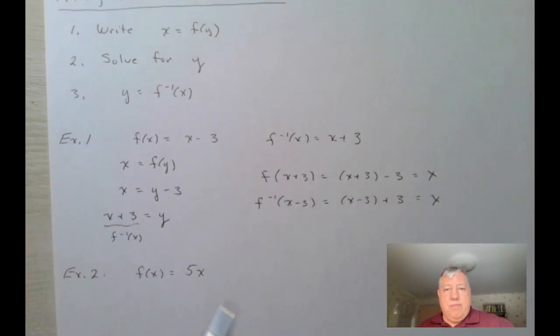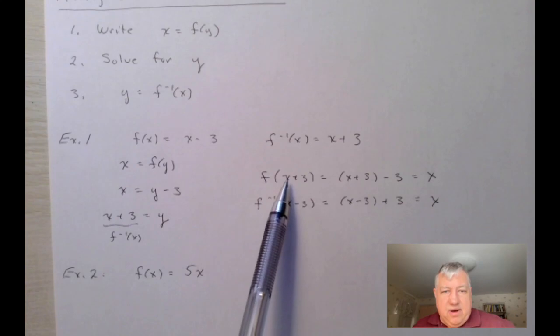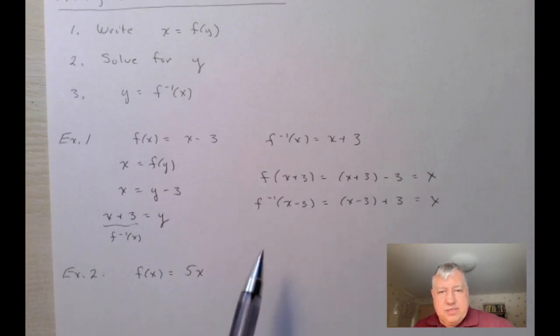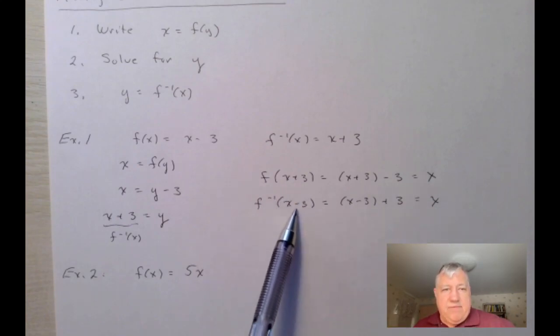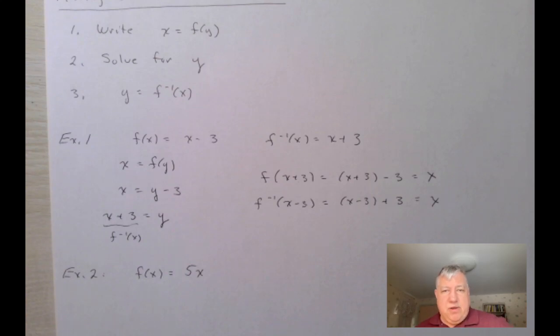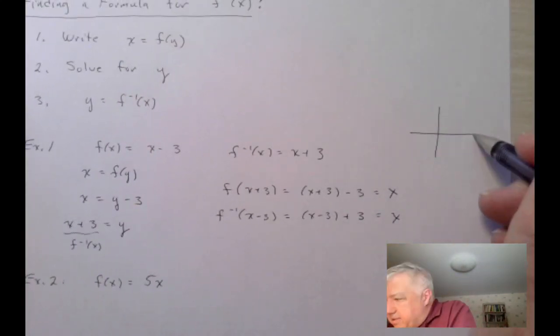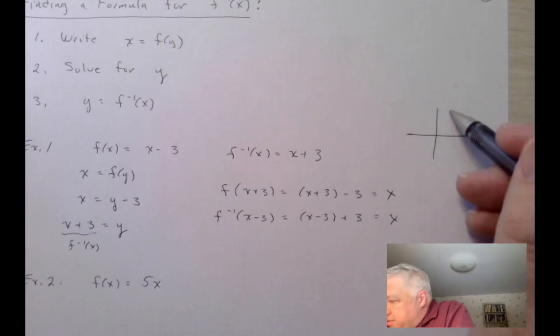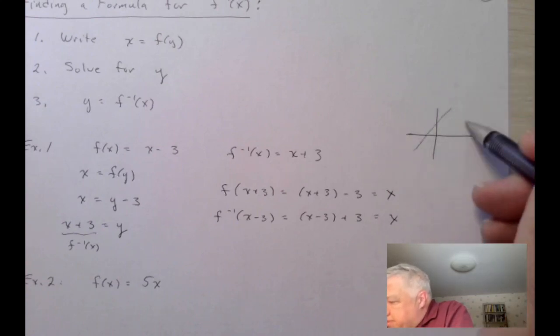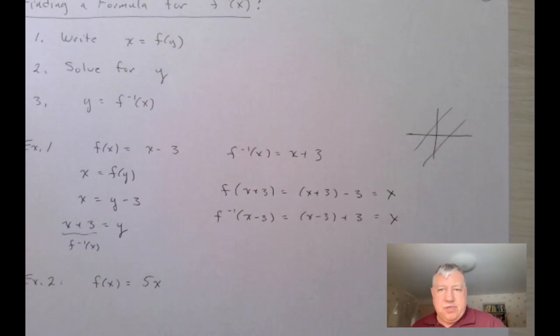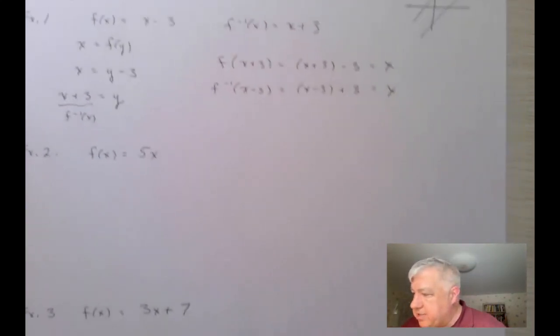Here we're just composing. This is f of f inverse of x, and we get x. This is f inverse of f of x, and we get x. So these are inverses of each other. And in fact, if we were to graph these, they are just two parallel lines. Okay, so they're certainly symmetric about the line y equals x.